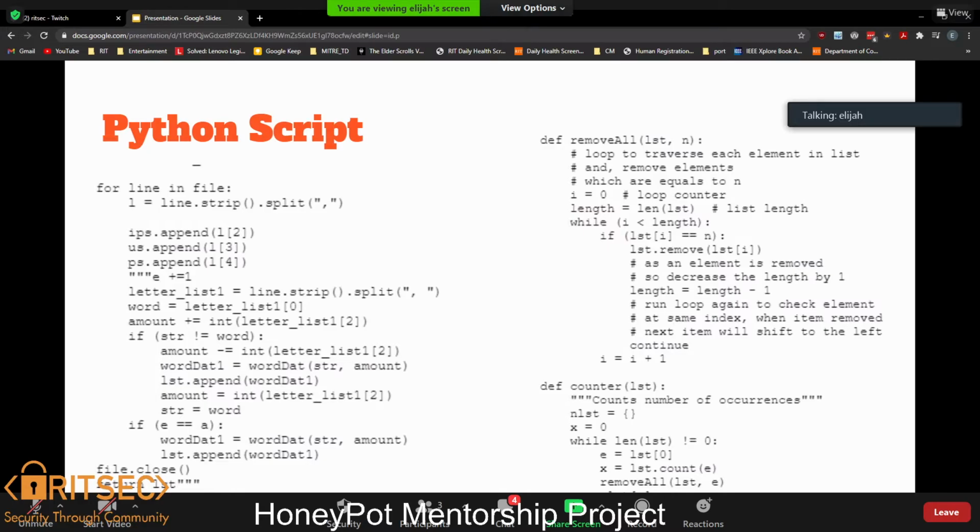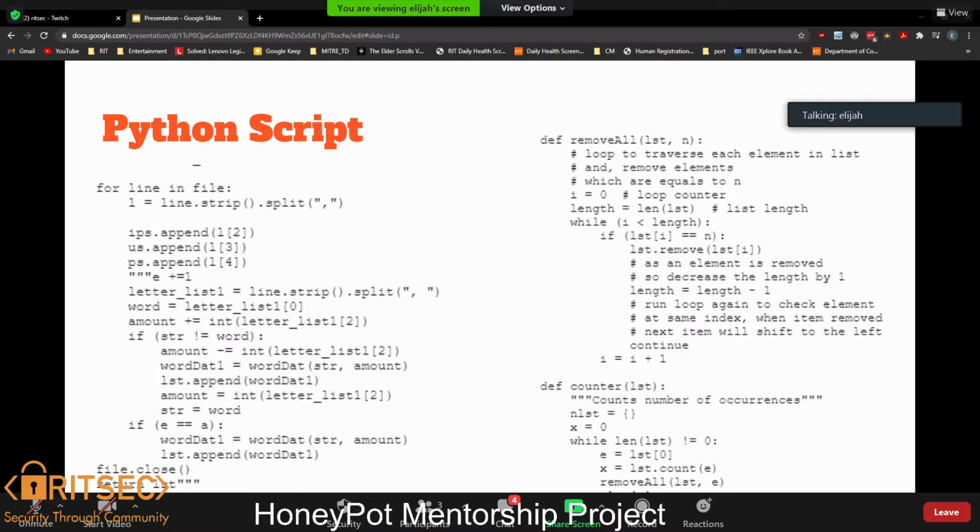I ended up adapting some of my old code from a different project to do this. Basically, it would split up the CSV file into three lists: the IP addresses, the passwords, and the usernames. Then those lists were fed into a counter, which, after it found a certain entry, would go through and remove all other instances of that entry, including the one it just found.